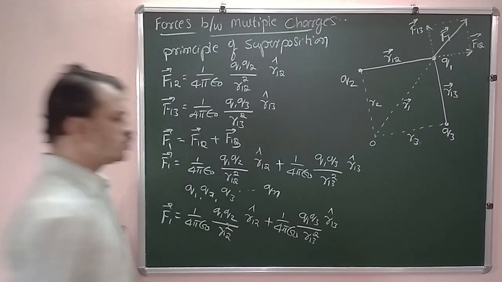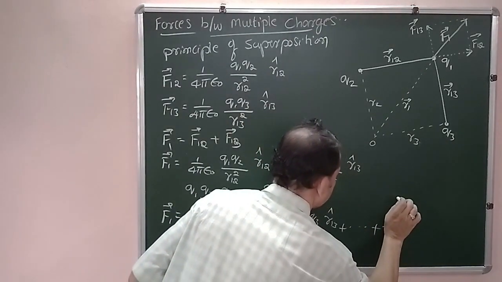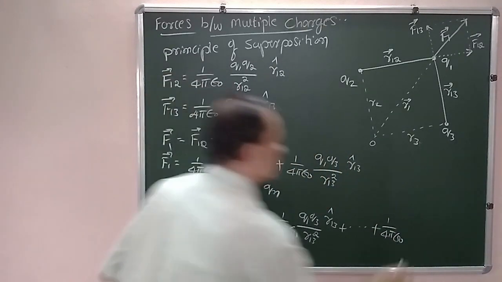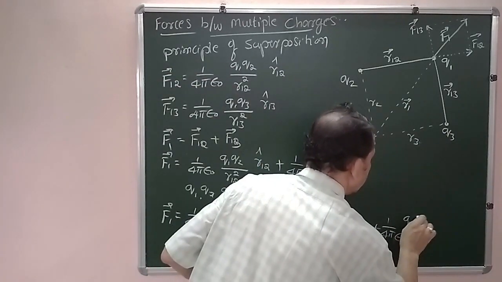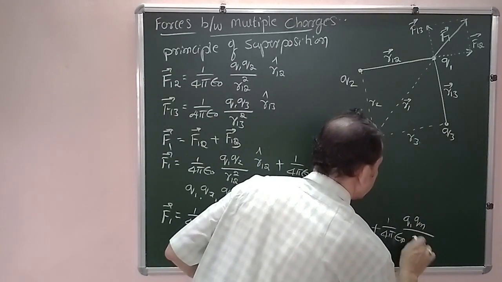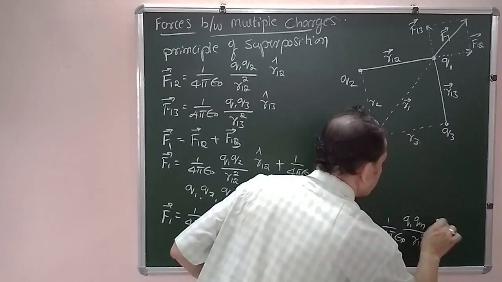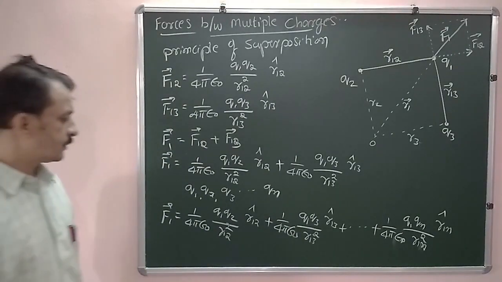Now this continues till we have the last one, 1 divided by 4 pi epsilon naught, Q1 Qn divided by R1n square into R1n cap.